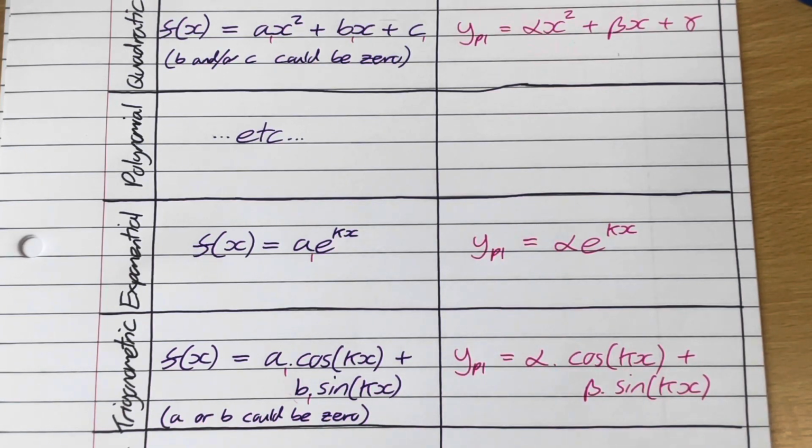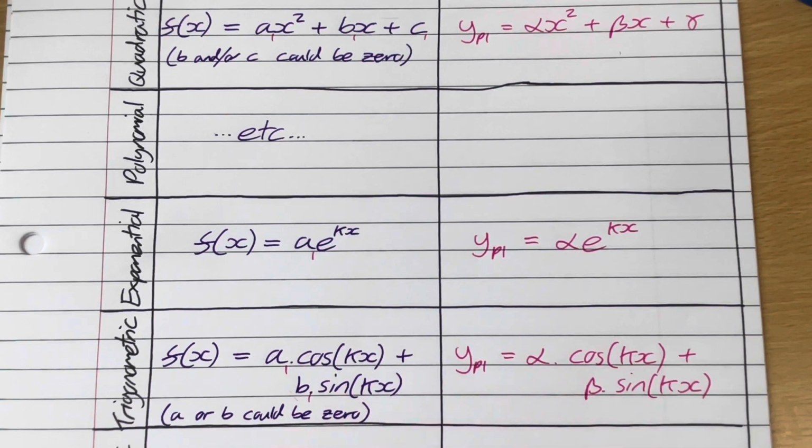So I need to deal with those sines, and vice versa. So include both if you've got a trig case. And also, similar to the exponential case, the constants will go through. So if this was cos of 5x, then this would be cos 5x, sine 5x.